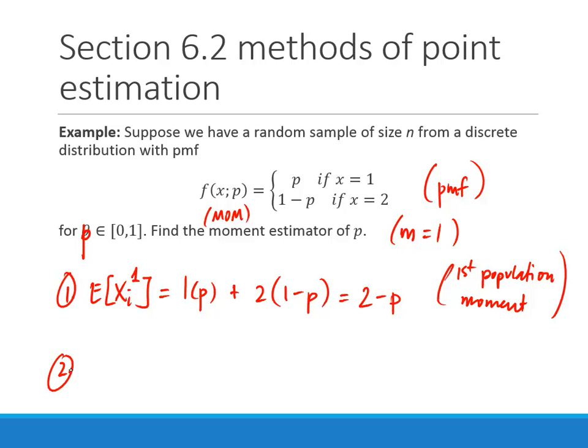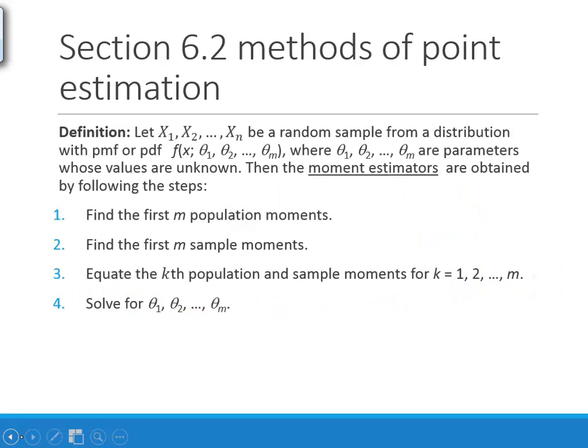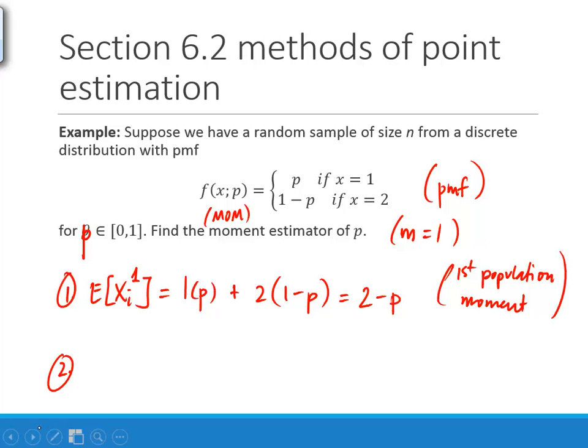Okay. Next, my general strategy says now I want to find the first m sample moments. So I only need to find one of these things. So this is just 1 over n times the sum of my observations, the xi's raised to the first power. So that's just our sample mean.